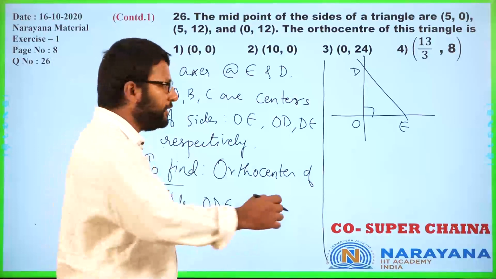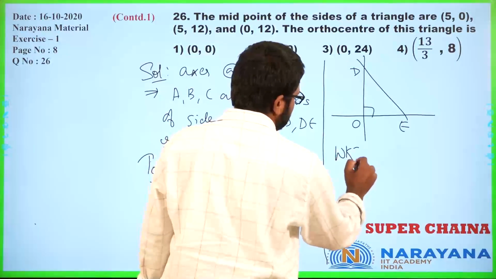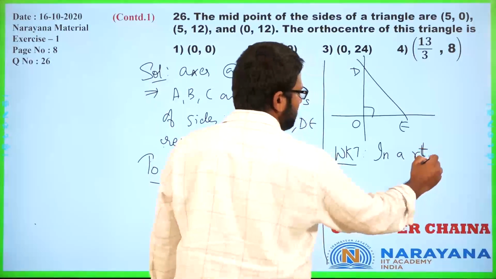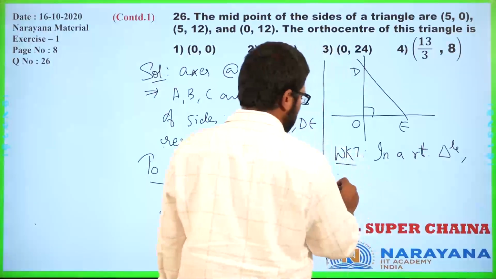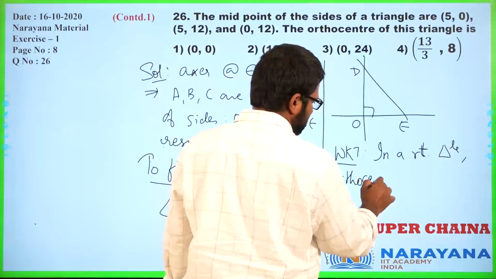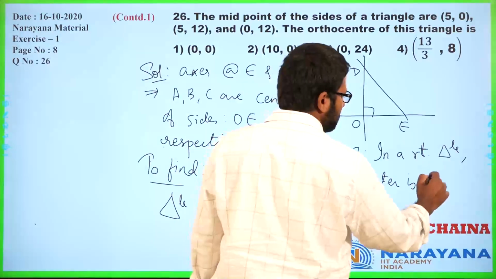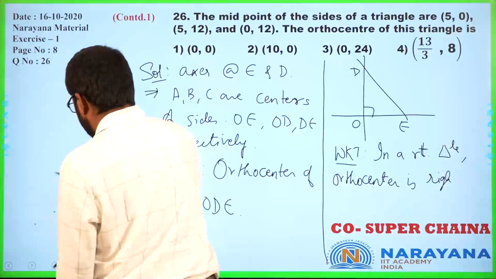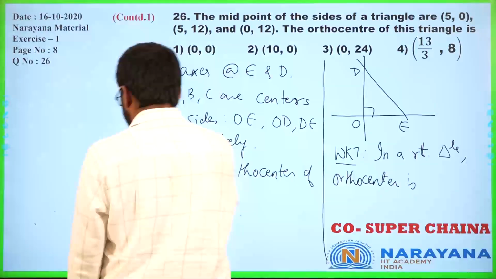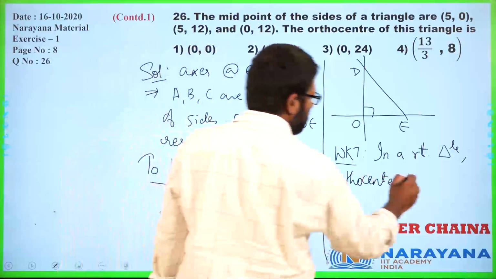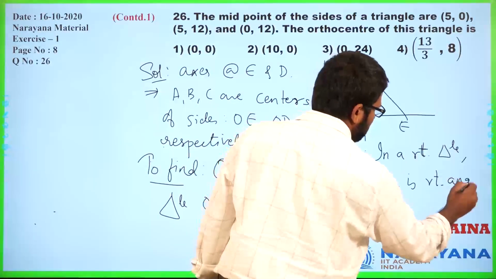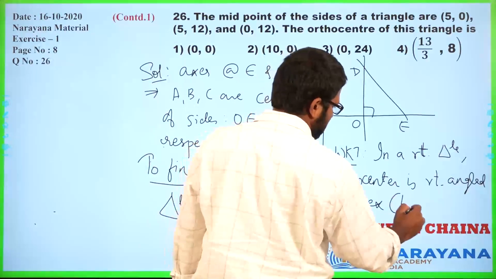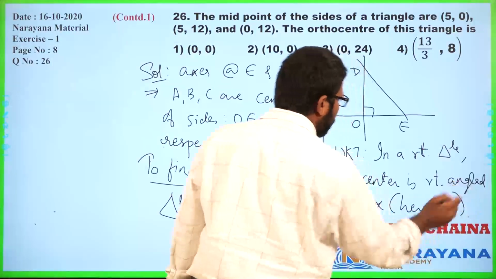So we know that in a right angle triangle, the orthocenter is the right angled vertex, right here it is O.